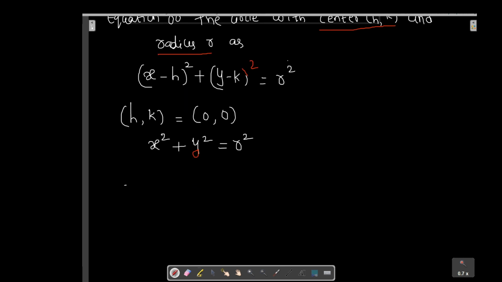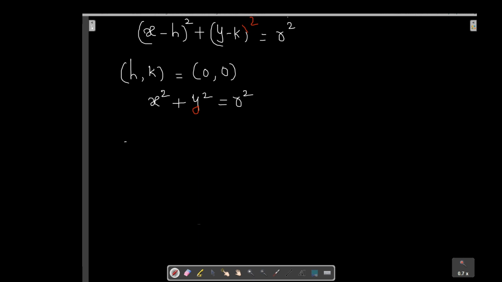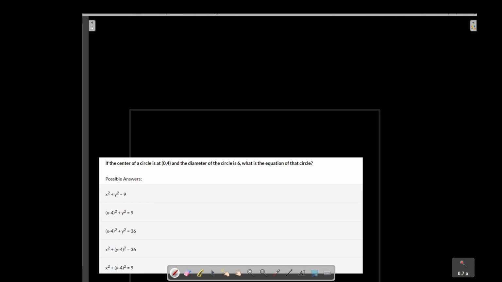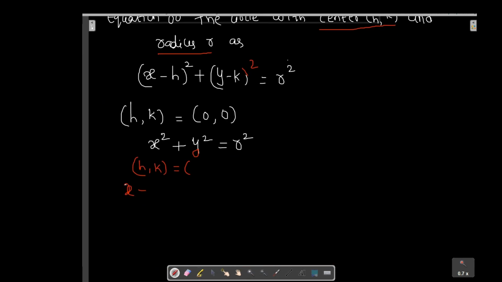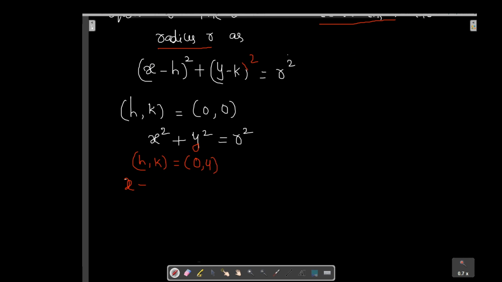Let's solve the question by using the conventional way. x minus, they have given h comma k as 0 comma 4. To find out the radius, they have given the diameter.